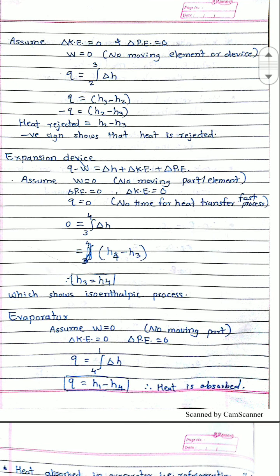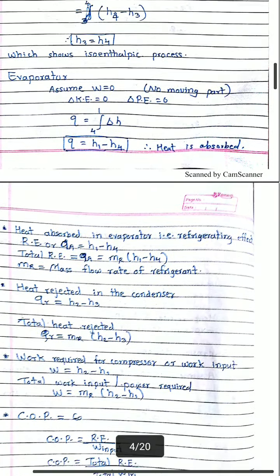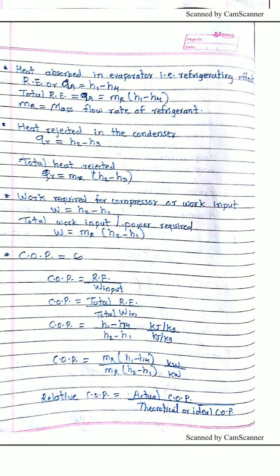Now if we have to calculate the COP of the system, how can we calculate it? COP is the ratio of heat absorbed divided by work input. The heat absorbed in the evaporator can also be called the refrigeration effect, RE, which is equal to Q, equal to H1 minus H4.